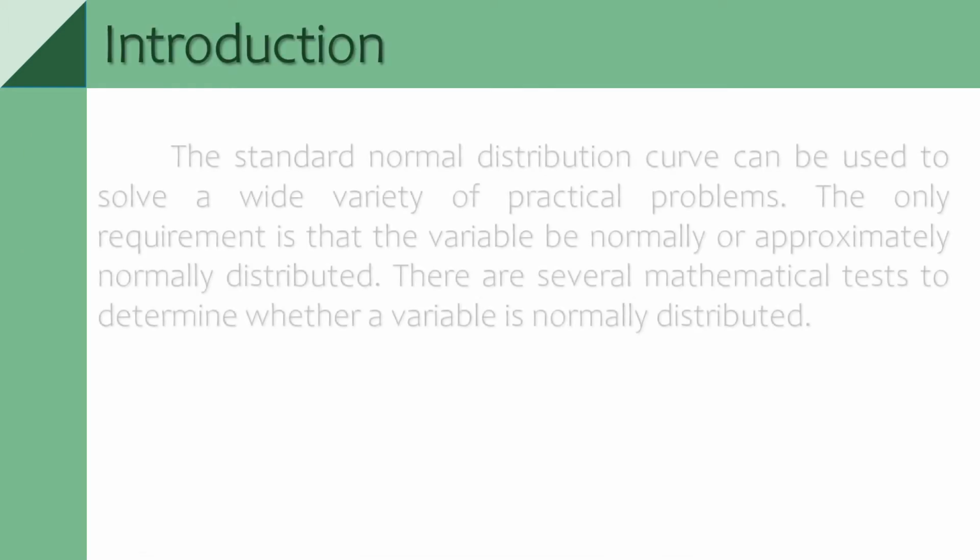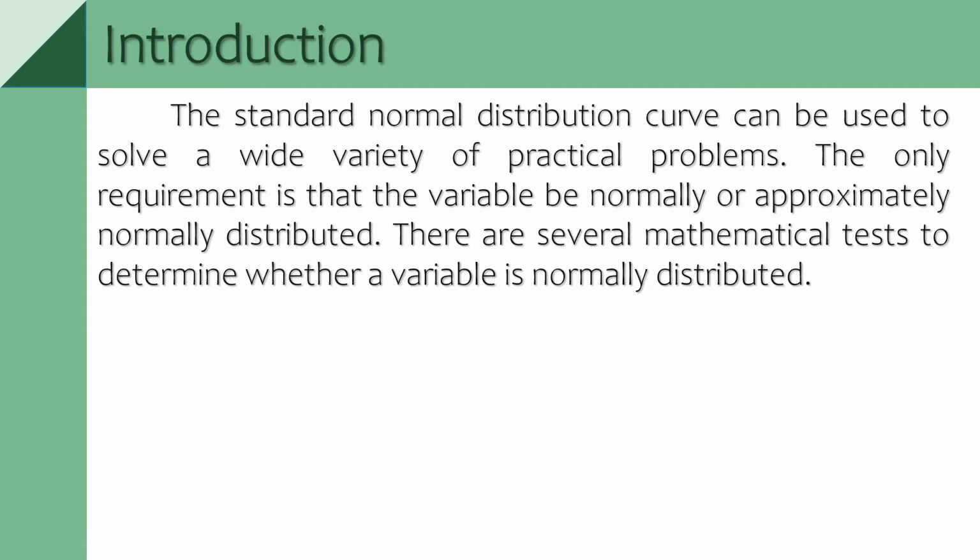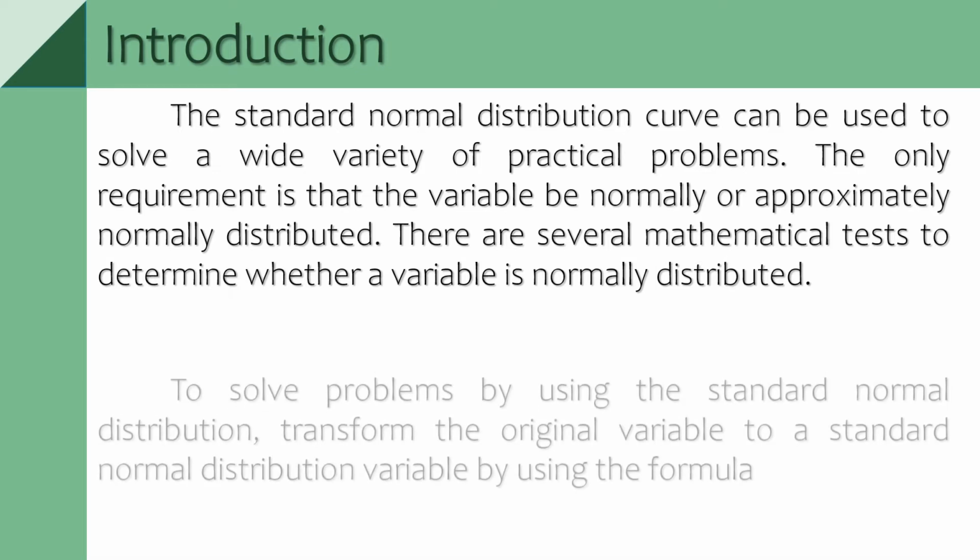As part of the introduction, the standard normal distribution curve can be used to solve a wide variety of practical problems. The requirement is that the variable be normally or approximately normally distributed. There are several mathematical tests to determine whether the variable is normally distributed.